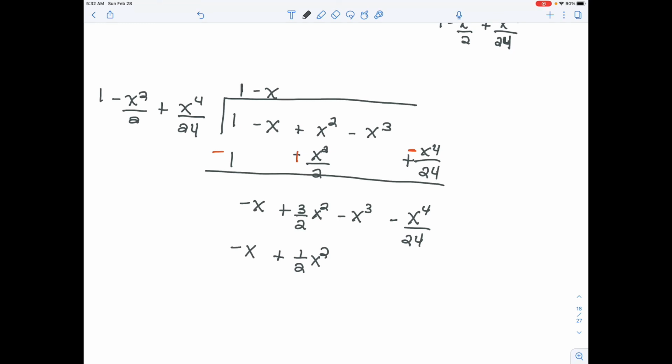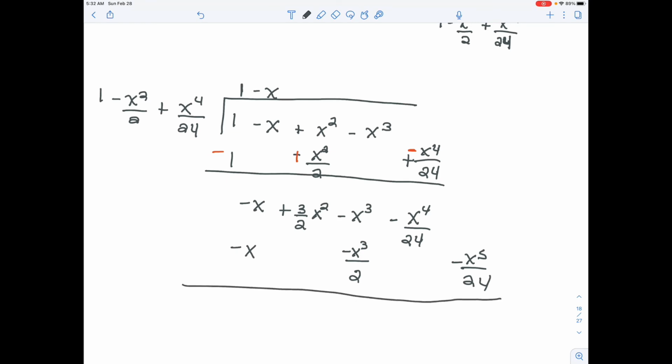And that's going to give me minus x times x squared. See, that's a mistake. X times x squared is actually going to give me x cubed. So that should be minus x cubed over 2. And then that's minus x to the 5th over 24.